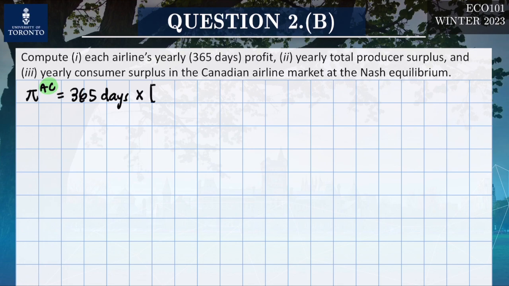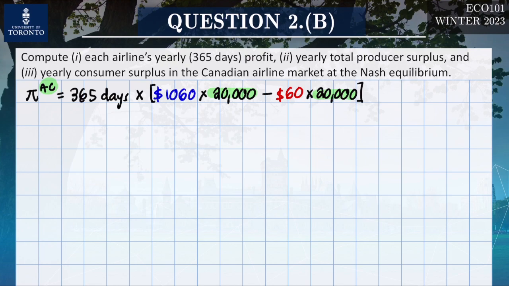We're going to multiply the price, $1,600 per ticket, times the number of tickets sold by an airline, which is 20,000 daily passengers. And we're going to subtract all the variable costs. So I'm just going to multiply the marginal cost of serving one customer times the number of customers that the airlines are going to serve at the Nash equilibrium.